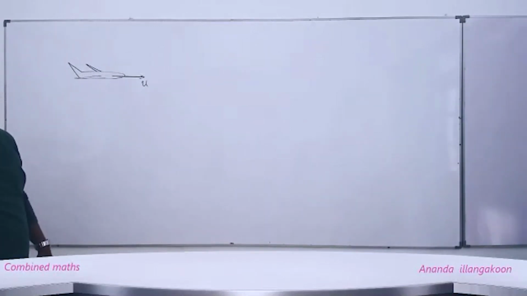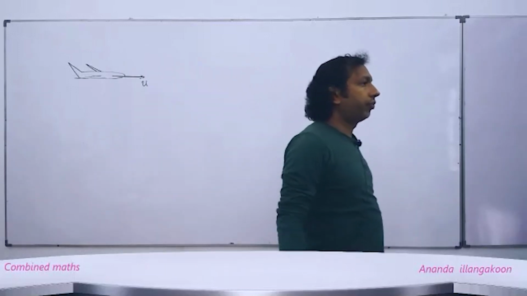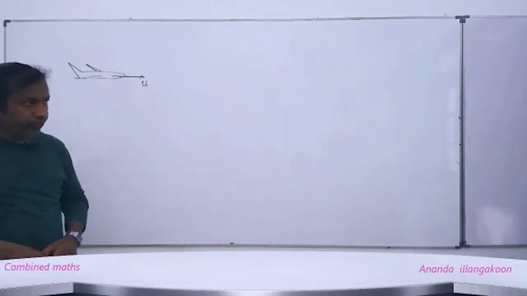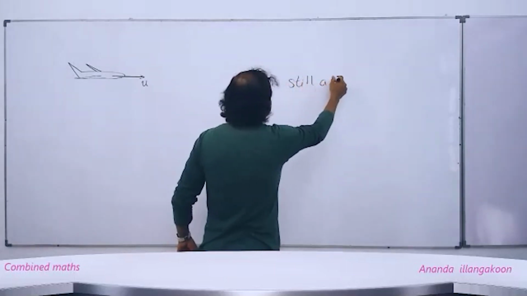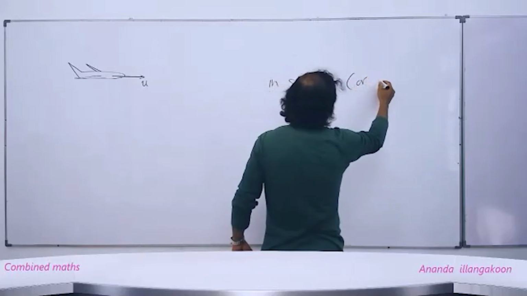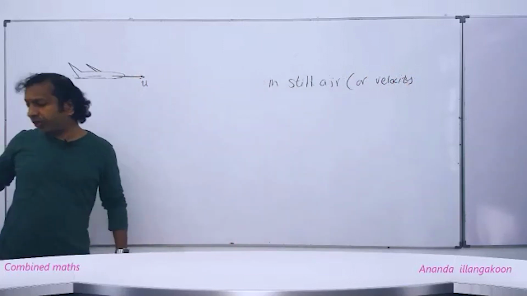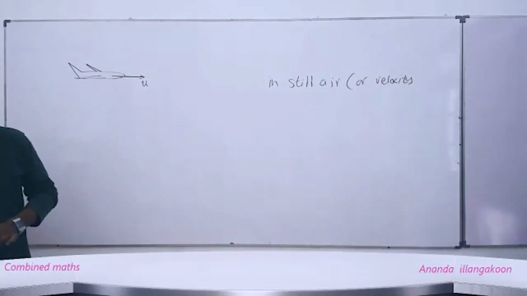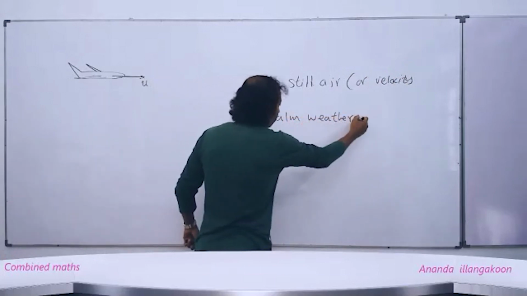It is sometimes known as the velocity of the aeroplane in still air, within brackets, velocity of the aeroplane in calm weather.